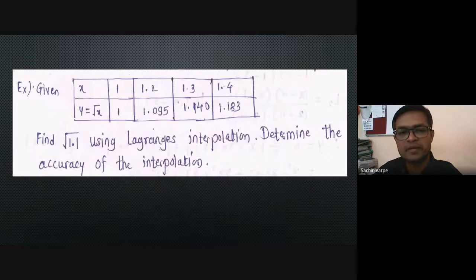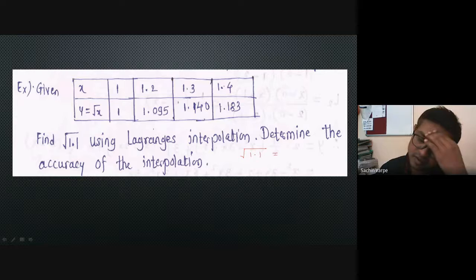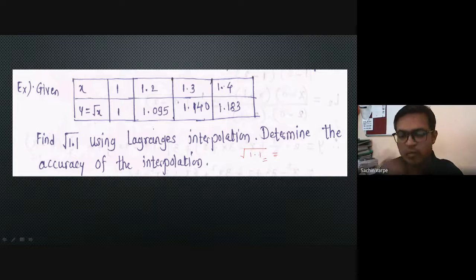Okay, so with these given values, find the square root of 1.1. Here we have been asked to find the value of the square root of 1.1. Of course we can check our answer using a calculator, but we have to get this value of root 1.1 with the help of Lagrange's interpolating polynomial, not with the help of a calculator.